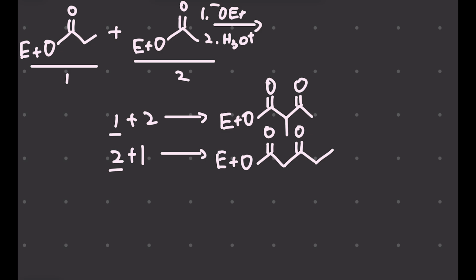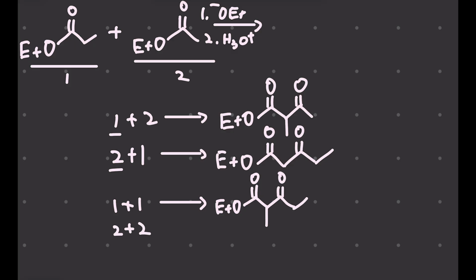And if reactant 1 were to react with itself, it's going to form a product that looks like so. And if reactant 2 were to react with itself, it will form a product that looks like so.